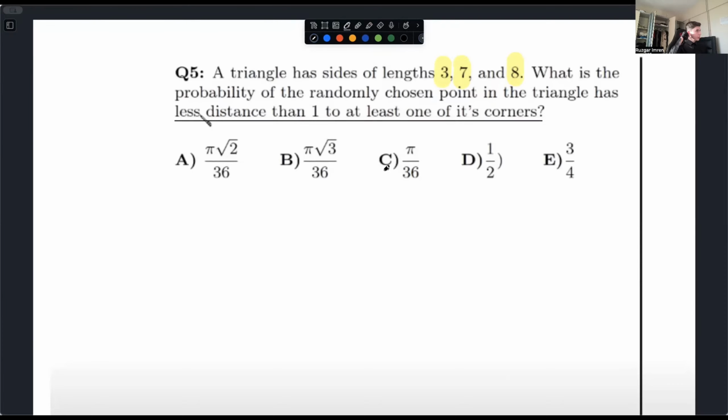After reading the question, we can basically think about a probability problems equation, which is just the favorable over the total.